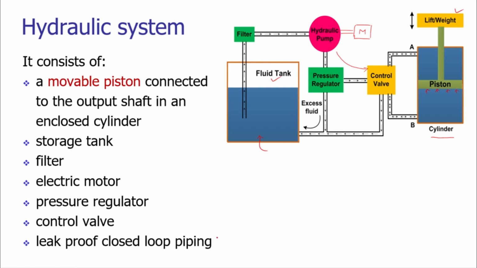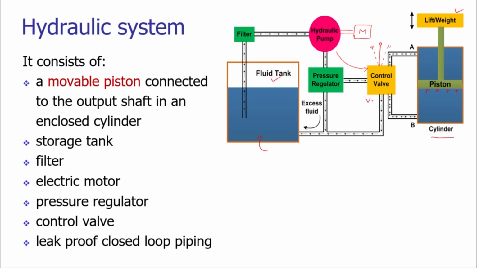For that purpose, to have control of the direction of fluid flow, we need a certain arrangement, and that is nothing but the control valve. So we can control the direction by using a control valve. We can change the direction of the fluid flow by operating the valve. So we can have the 3-position control of the control valve.